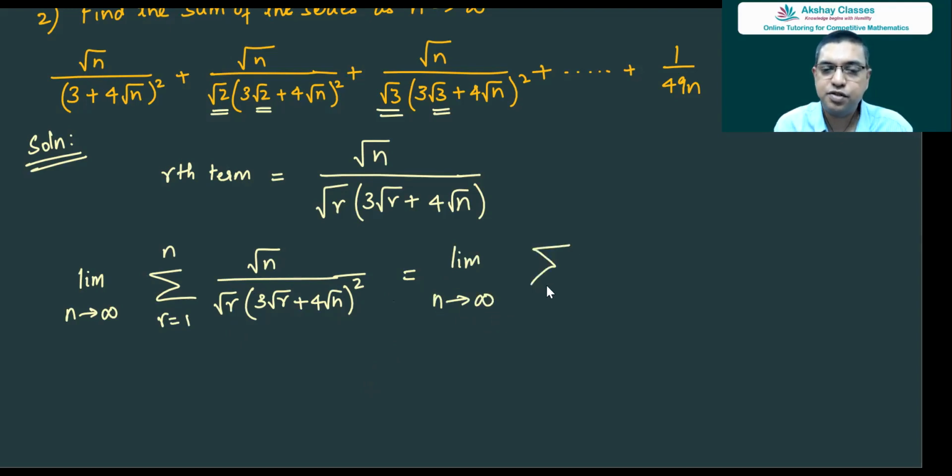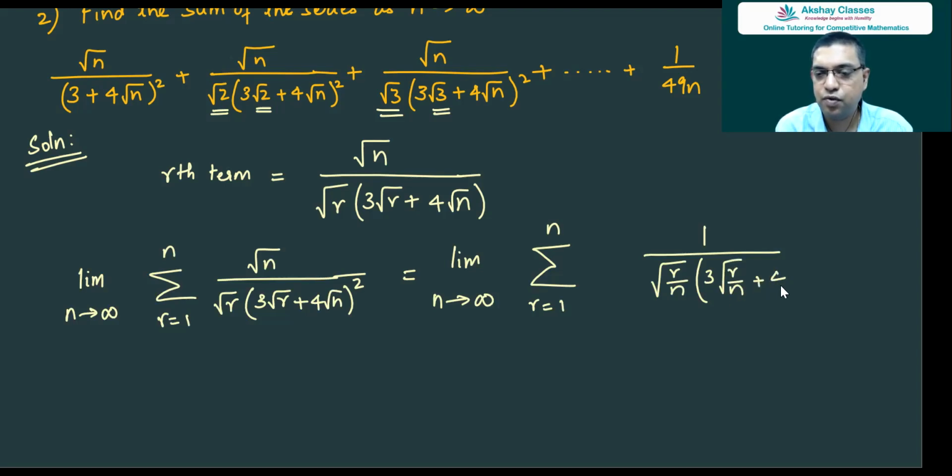This is a matter of just manipulating. Manipulations have to be right. So 1 upon under root of r upon n times 3 under root of r upon n plus 4 the whole square. What have I done?